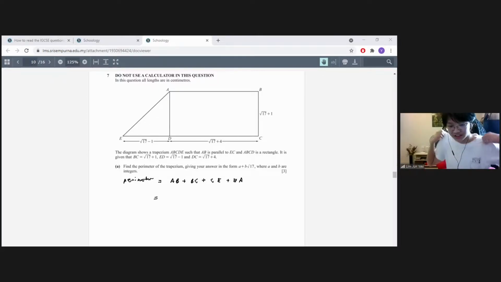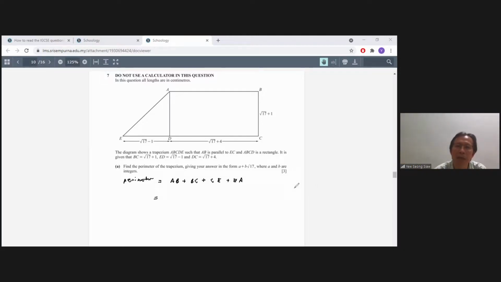Wait, no. A squared plus B squared equals C squared. Anything except the EA. So can you show me how to find EA?